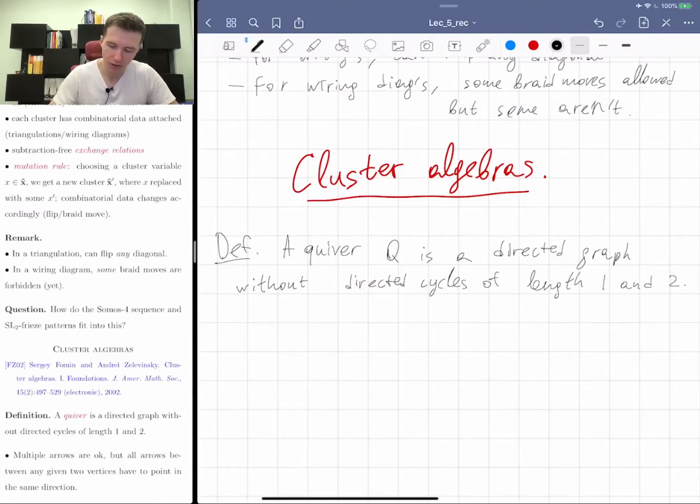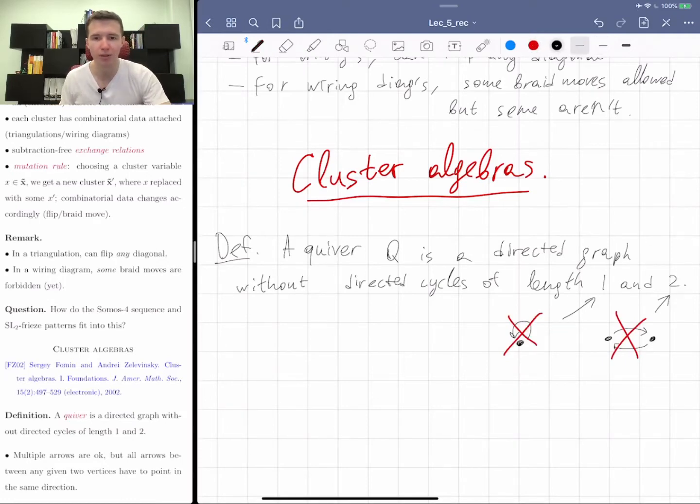Here a directed cycle of length 1 is basically a vertex with an arrow that points to itself, and a directed cycle of length 2 is a couple of vertices A and B with arrows from A to B and from B to A. So these two things are forbidden, but everything else in a directed graph is basically allowed.